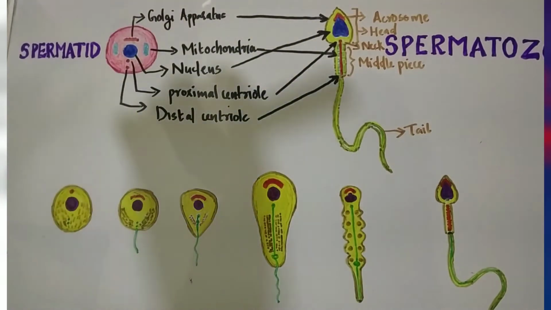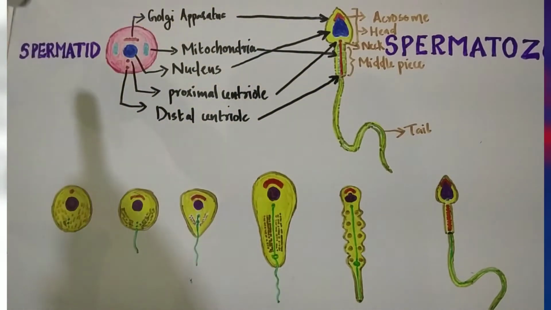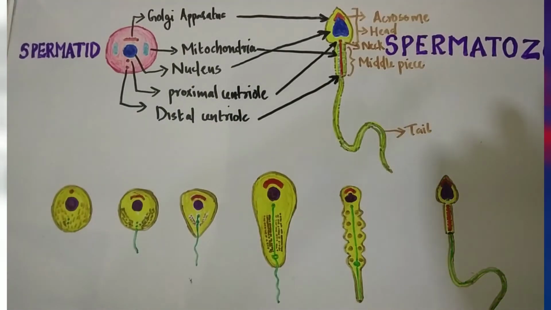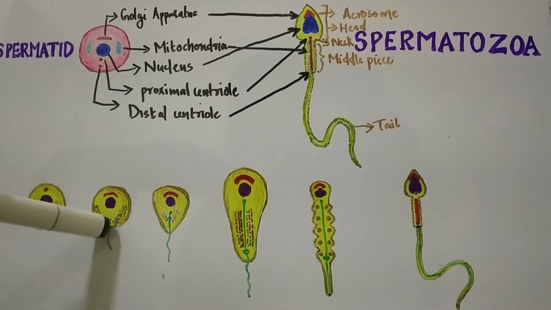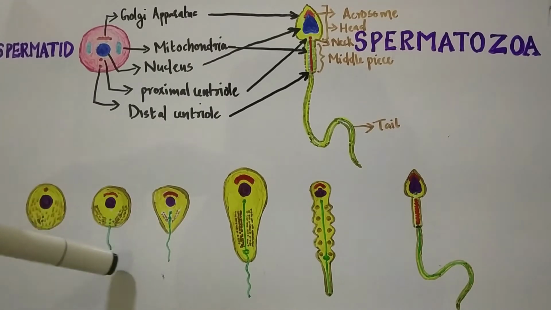So these are the events that take place during the conversion of spermatid to spermatozoa. In this figure you can see various changes going on as a spermatid is converting into a spermatozoa. In stage 1 you can see several changes: the nucleus, the mitochondria, centriole, and the Golgi apparatus. In this stage you can see the axial filament coming out.